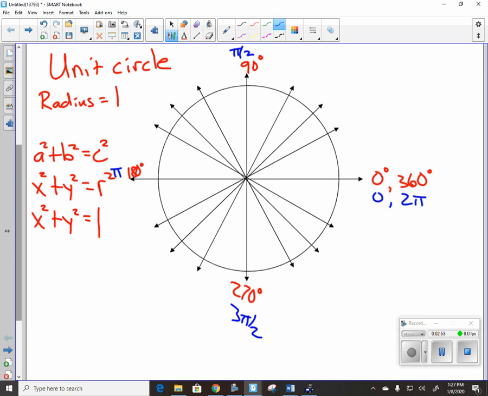I'm just going to identify one of them. I'm going to talk about this one right here. We said that that's 150 degrees. And when we converted it to radians, we said that it is, in fact, 5 pi over 6.